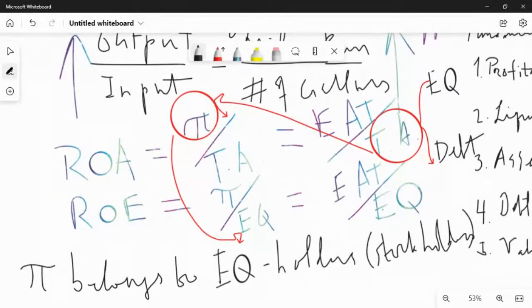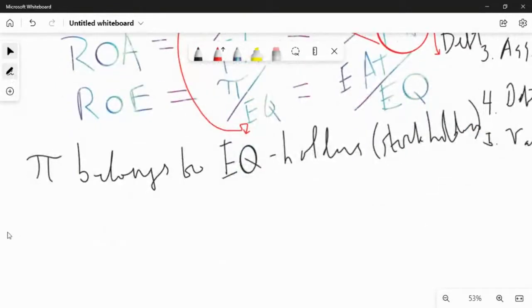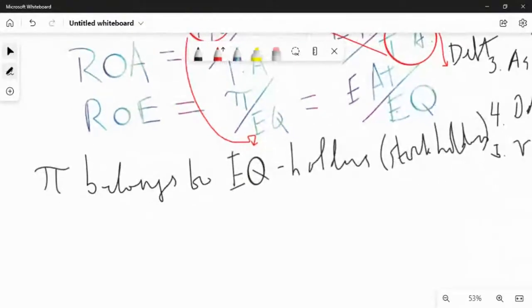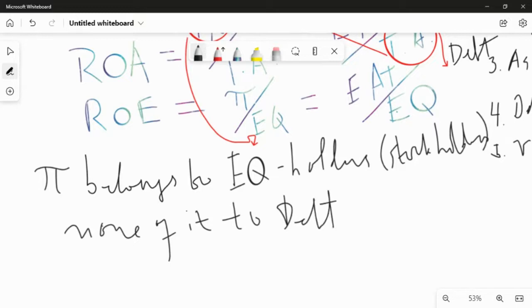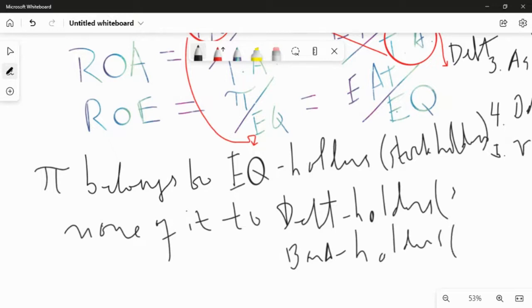None of it belongs to the debt holders. In other words, bond holders or creditors, also called lenders.